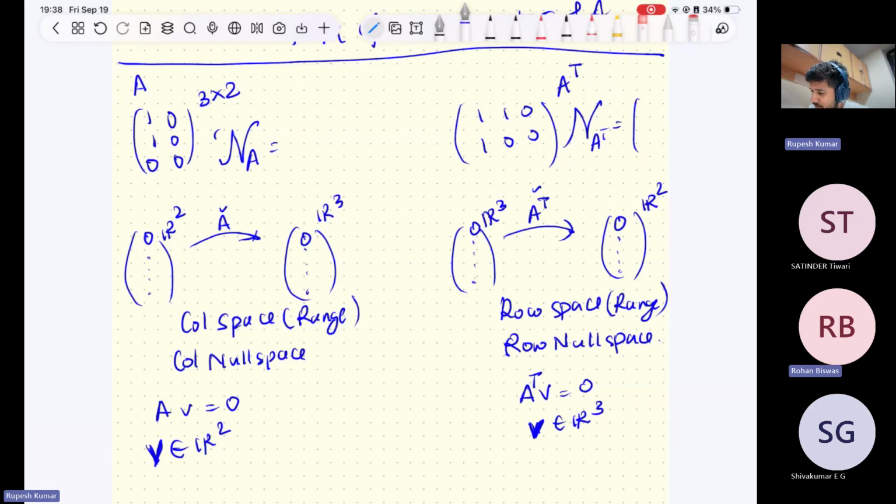Now, what is the null space of this? 0, 1. Any line passing here, 0K, right? And then what is the transpose matrix here? The transpose is 1, 1, 0, 0, 0, 0, right? Again, what is the null space here?